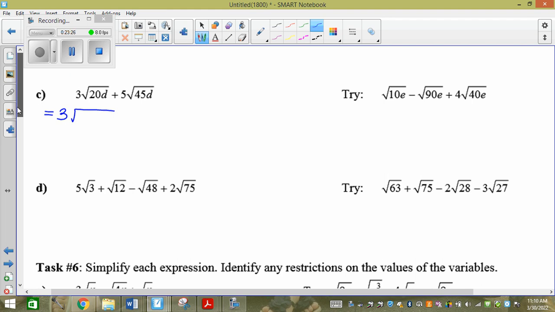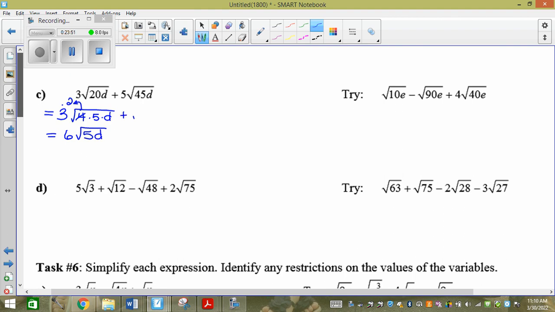It has 1 d, it's not going anywhere. That d is staying. But the 20 I can break down into what and what? 4 and 5. So I go 4 times 5 times d. The 4 comes out and it is a 2. So my next step I'm going to have 6 square root 5d.